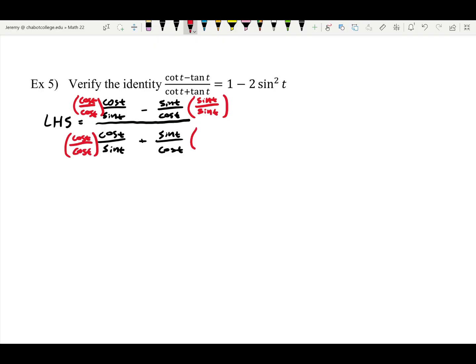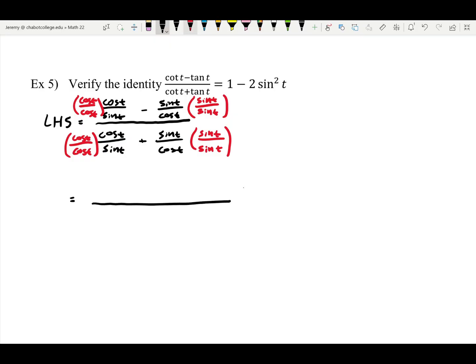I'll write my next line a little bit larger so it'll be easier to read my handwriting. It's getting a little cramped here. All right, now let's do that.